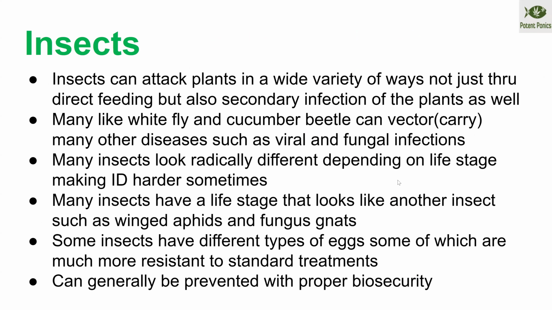And then insects. Insects can be quite a challenge. It's important to know what insects have certain seasons. Like in Jamaica, butterfly season is in May, and we get tons of caterpillars and tons of butterflies everywhere.